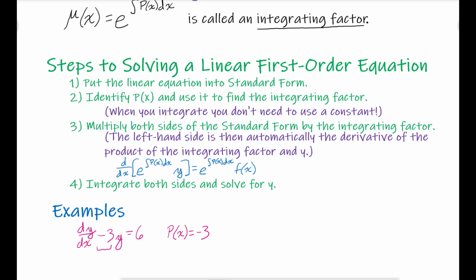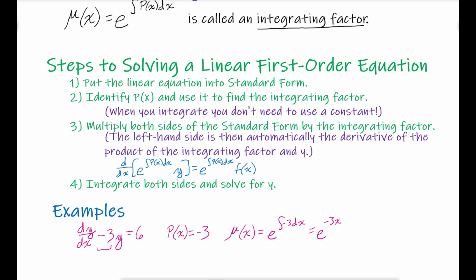So we'll be finding our integrating factor. Mu of x is going to equal e to the integral of -3 dx. Now, the integral of -3 dx is just -3x, so this is going to equal e to the -3x power, and remember, we don't have to put the plus c there.